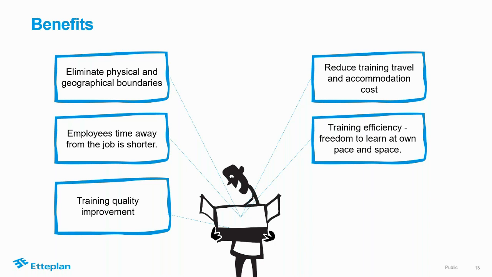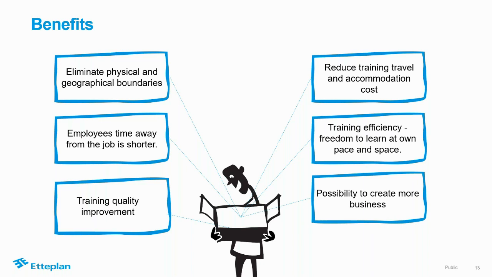You can follow the learning activity and even enable certifications when needed, so that you know the quality of the training. You even have the possibility to create more business in your company. Companies could expand their business by selling e-learning as a service or with the product.